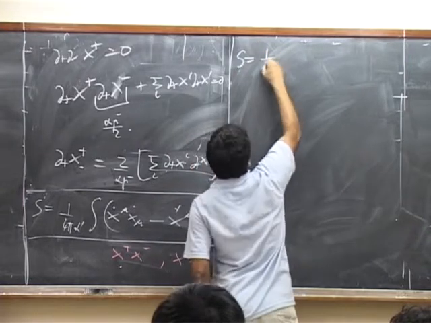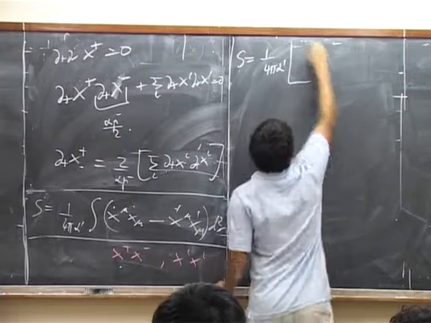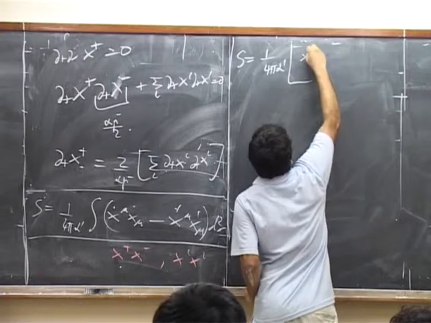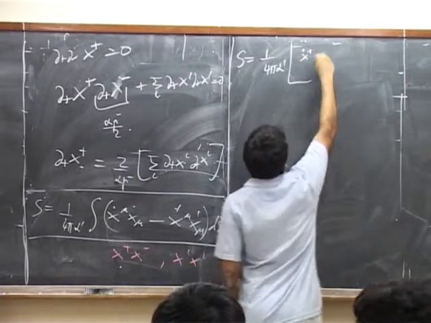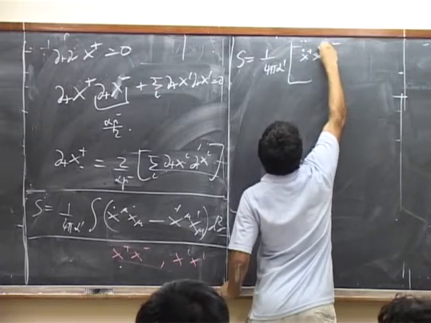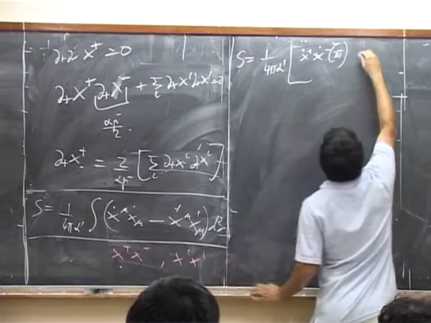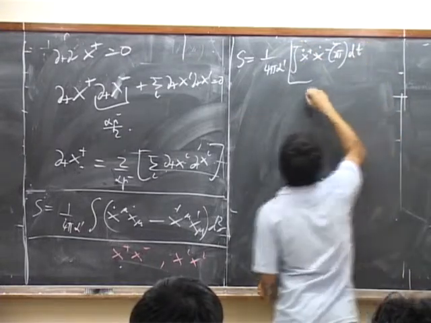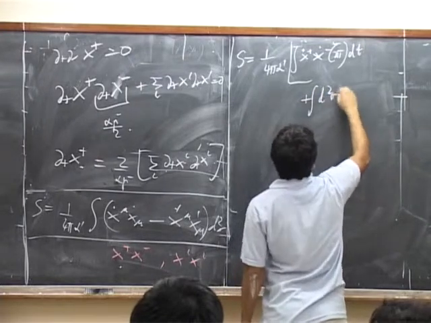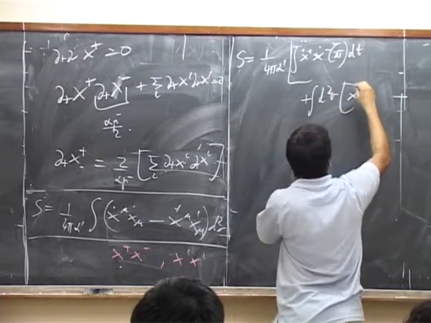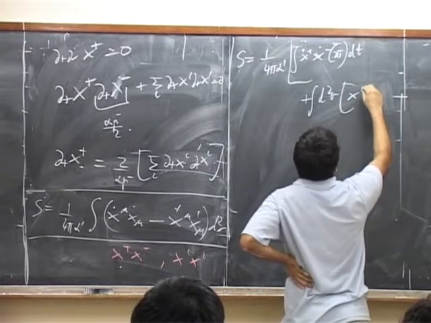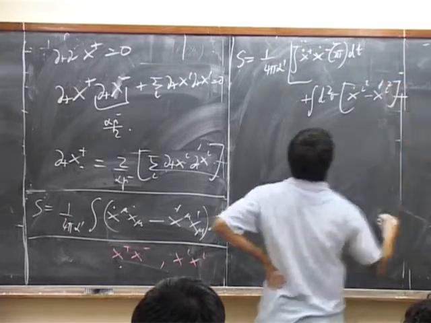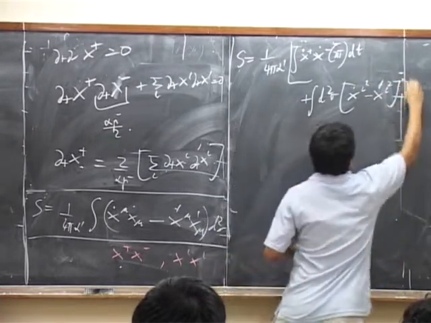If you take the action 1 over 4 pi alpha prime, x plus dot x minus dot times 2 pi, integral dt, plus d2 sigma xi dot squared minus xi prime squared, close bracket.